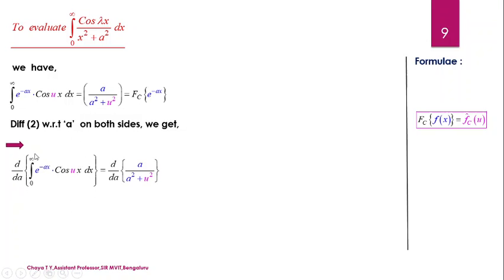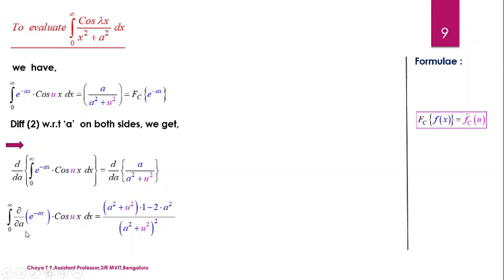The LHS, d by da of the integral, equals the derivative of the RHS with respect to a. To differentiate the RHS, we are going to use the quotient rule, and the general derivative d by da becomes a partial derivative when we bring it within the integral sign.